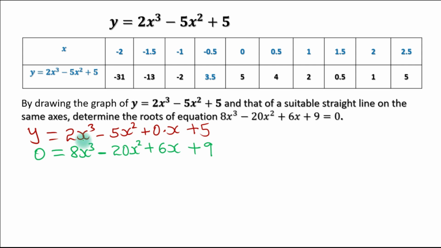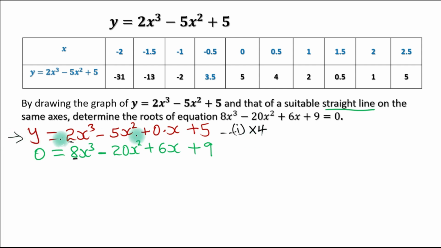So we need to eliminate x power 3 and x power 2, and therefore we need to make their coefficients the same for x cubed and x squared, so that we obtain a linear equation. So for the first equation, to make the coefficient equal to 8, so that the coefficients of x cubed are the same, we are going to multiply the first equation by 4.